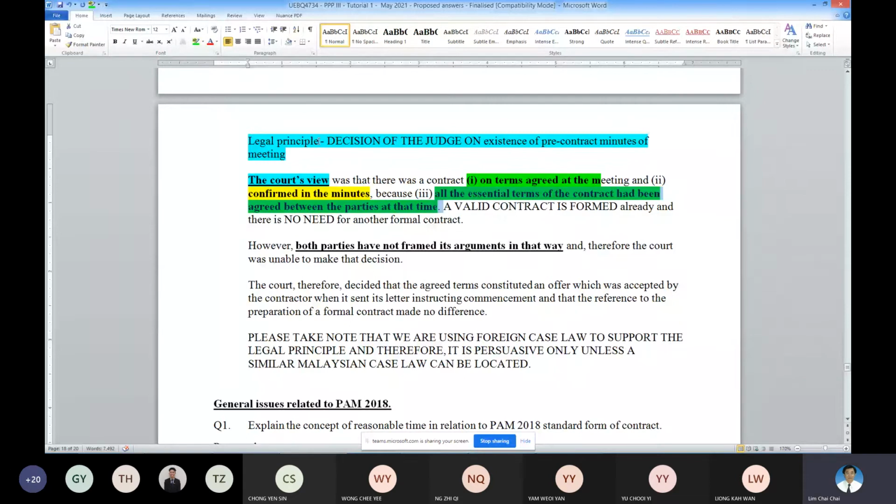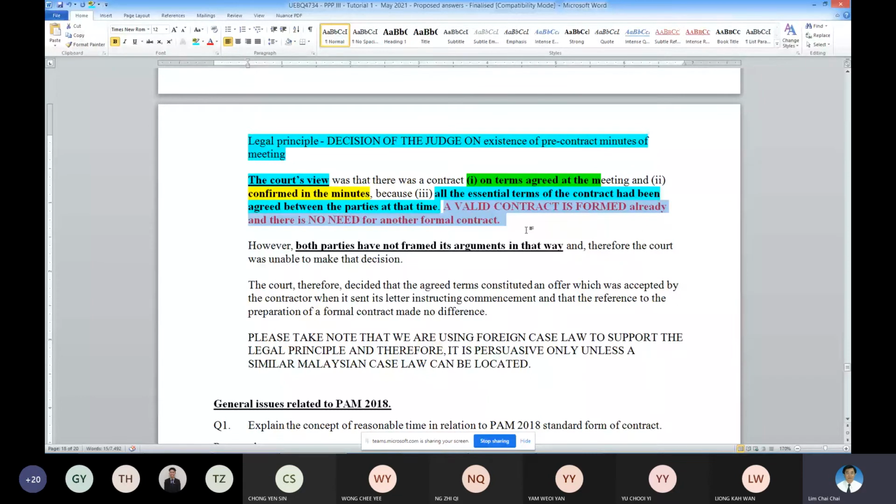From these 3 important points, although only the minutes of meeting is there, the court concluded that a formal and valid contract is formed, even though the subcontractor didn't want to sign the offer. So this is the legal position.